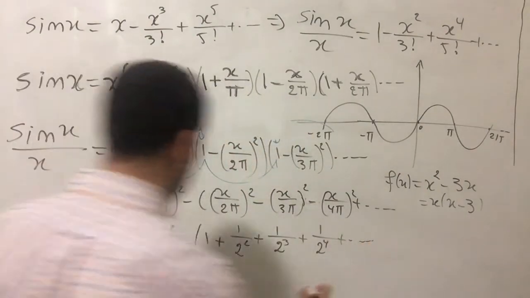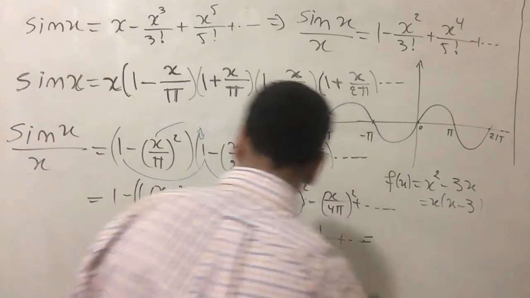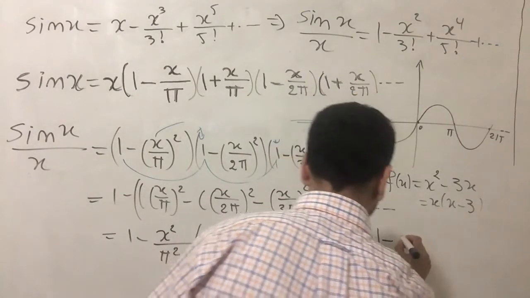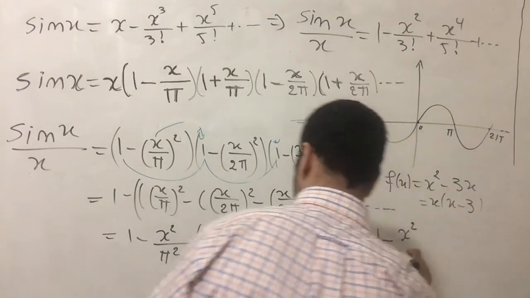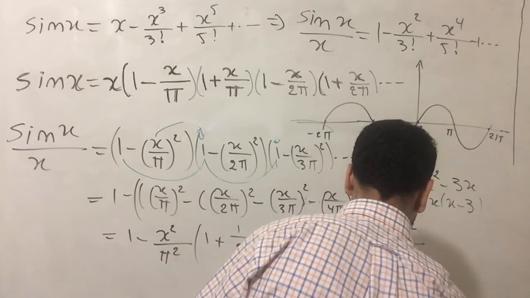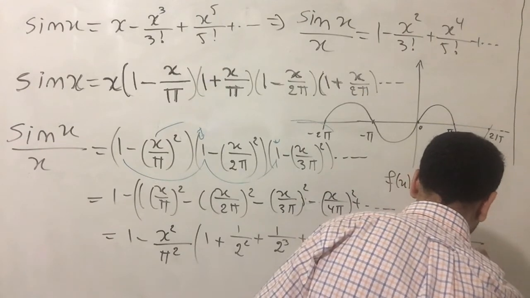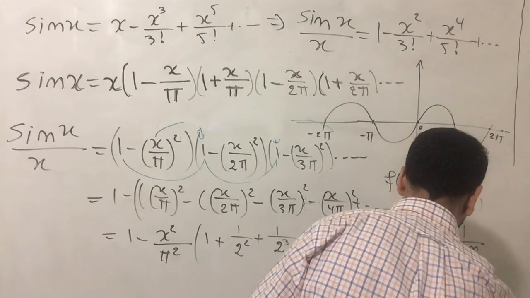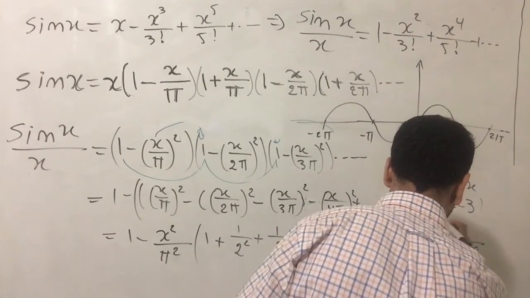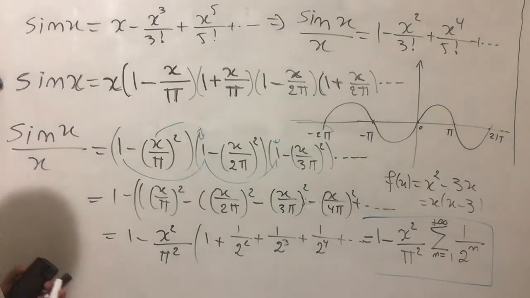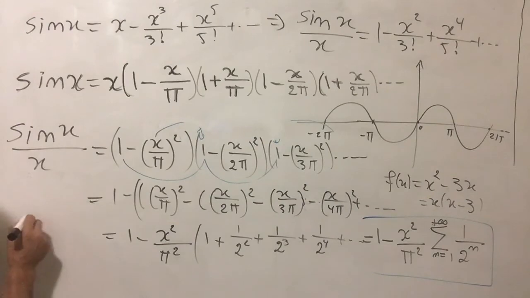This one is called 1 minus x squared over pi squared. This one is the sum of 1 over 2 to the n as n goes from 1 to infinity. So this is sine x over x.